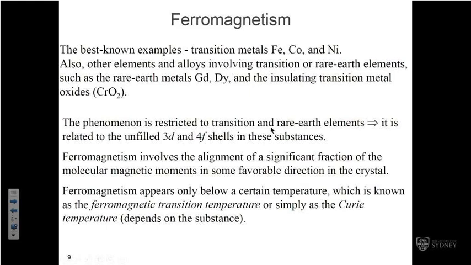Another thing about ferromagnetism, as a function of temperature: if you heat up the crystal beyond a so-called Curie temperature, then you will lose that magnetization and you won't have a magnetic material anymore. So that's called the Curie temperature.